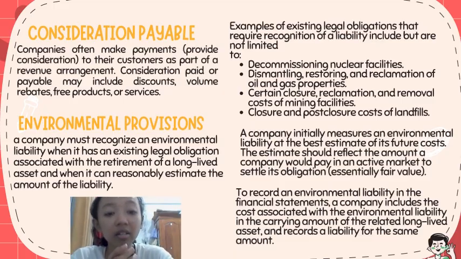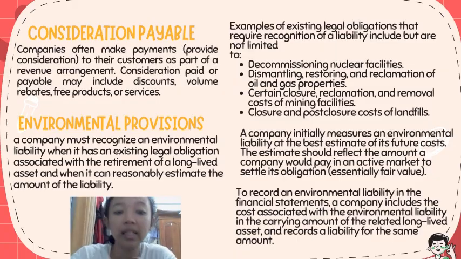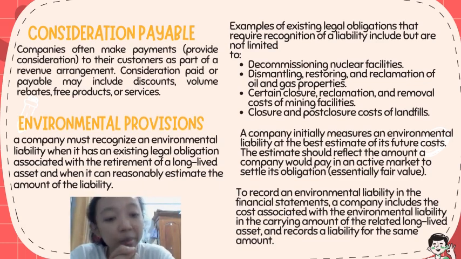So, to record an environmental liability in the financial statements, a company includes the costs associated with the environmental liability in the carrying amount of the related long-lived asset and records a liability for the same amount.